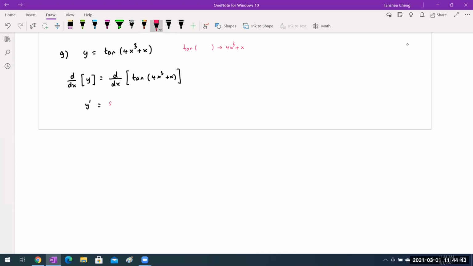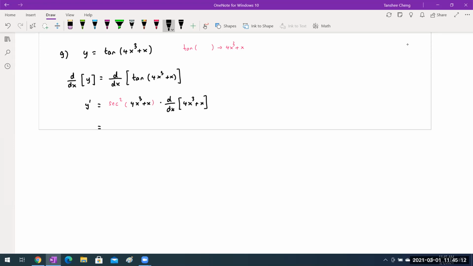So when using the chain rule, the derivative of tangent is secant squared x, but we need to put down the inner function. Usually the mistake is writing too fast. Actually, we need to write down the whole inner function, which is 4x to the third plus x, times the derivative with respect to x of the inner function.